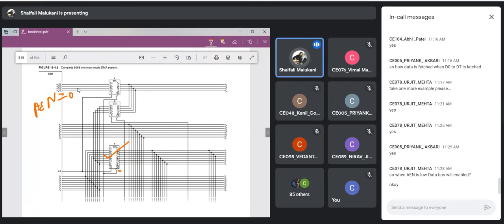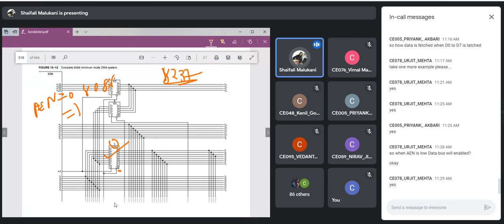So when AEN is 0, the 8086 will do the operation and this will do its normal functionality that we just discussed. AEN must always be 0, and whenever the control is with the DMA controller 8237, only at that time AEN will be 1. Otherwise, it should be 0. Understood?